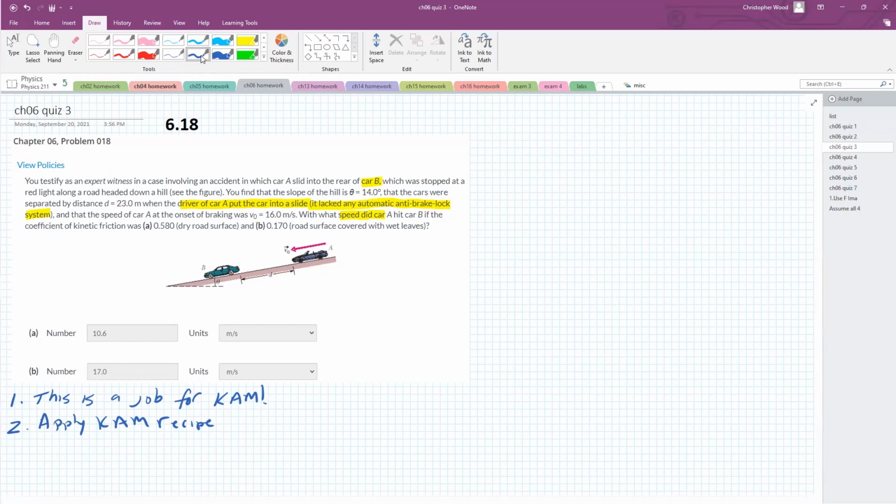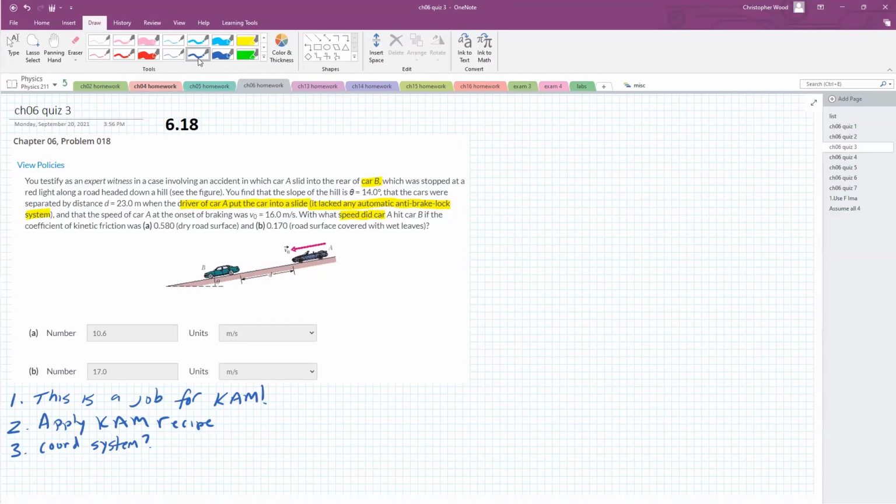And for the coordinate system, I'm going to use the same coordinate system that I always use. I know this blue car is going to accelerate along the ramp surface.